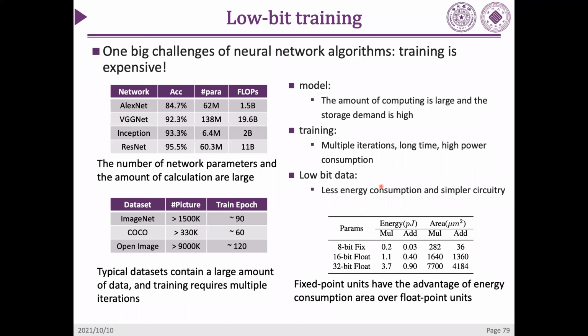The neural network model contains a large amount of calculation, and the storage demand is also very high. The training process needs a lot of iterations, leading to long time and high energy consumption. Since fixed point units have the advantage of energy consumption over floating point units, we try to explore the potential of low bit training. You can see that the energy and area differences are huge.